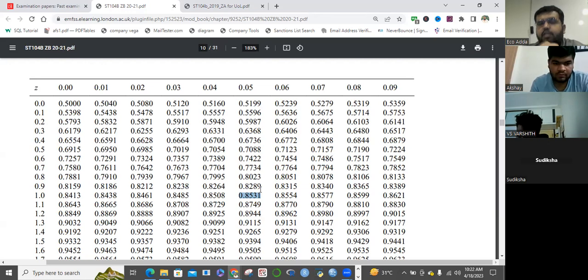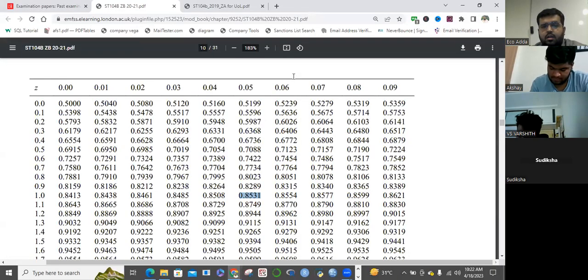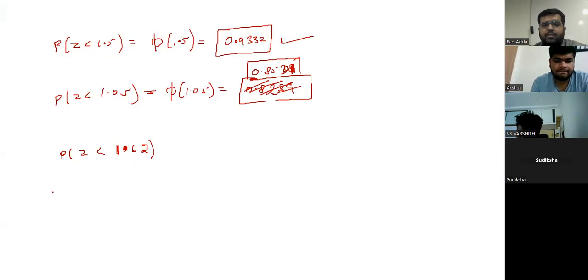Got it now. Right? So Sudiksha, since your answer is not correct, I'm giving you one more question. 0.8531. So this is 0.8531. Acha, you have counted like this. This is 0. Okay. So Diksha, can you please tell me what is the probability Z is less than 2.07?